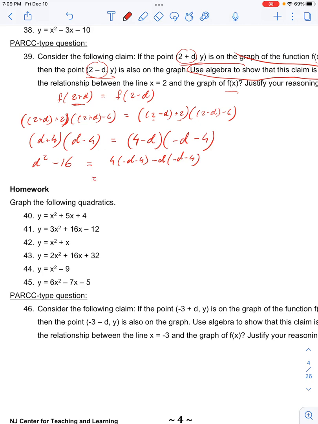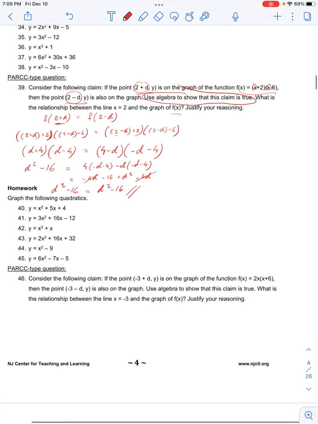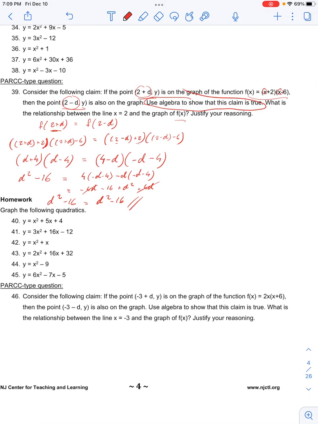We'll have -4d - 16 + d squared + 4d. This -4d and this 4d cancel out. So we come up to d squared minus 16 is equal to d squared minus 16. And so this is true. So that's the end of our algebraic proof.